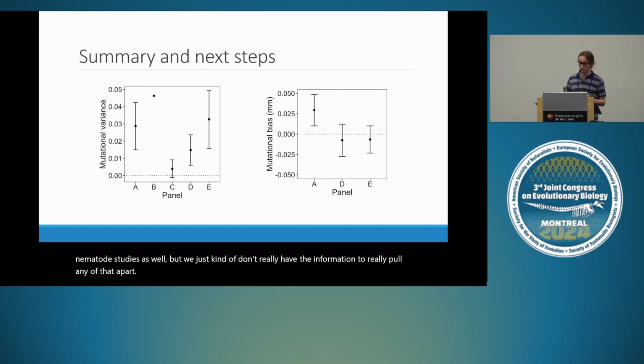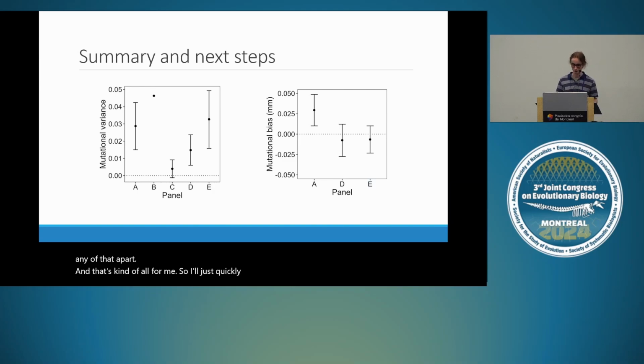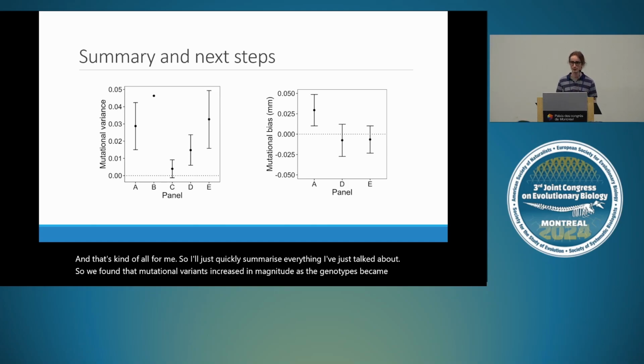That's all from me, so I'll just quickly summarize everything I've talked about. We found that mutational variance increased in magnitude as the genotypes became more extreme in size relative to the population distribution, which suggests that those more extreme genotypes are contributing more genetic variation to the population, and that perhaps there might be some robustness in those that are more average.